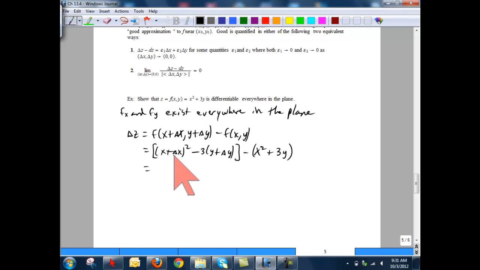And if I expand this binomial and then cancel everything that I can, I end up with 3x squared delta x plus 3x delta x squared plus delta x cubed plus 3 delta y. And this should be a plus sign here, making typos.